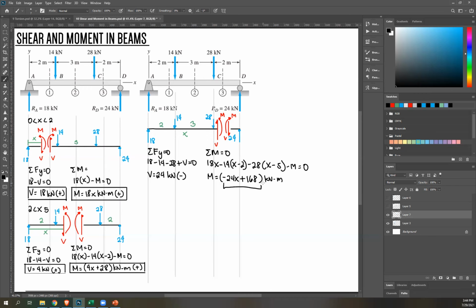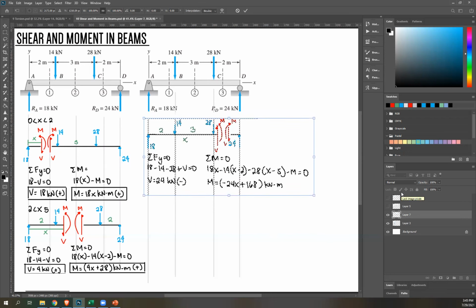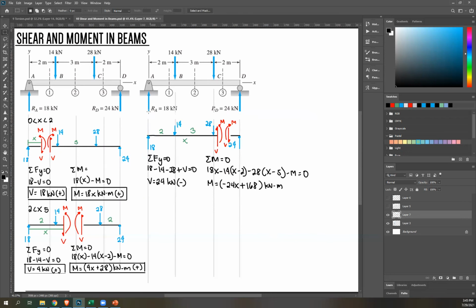Next, check if your answer here will be positive or negative. So to check, remember, we have a range for our segments, and I didn't write it. So our range here would be along this part only. So it's x greater than 5, but less than total length 7. So 5, 7. Okay? And then try inputting any value between 5 and 7.